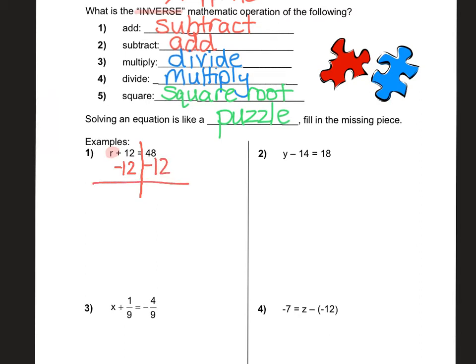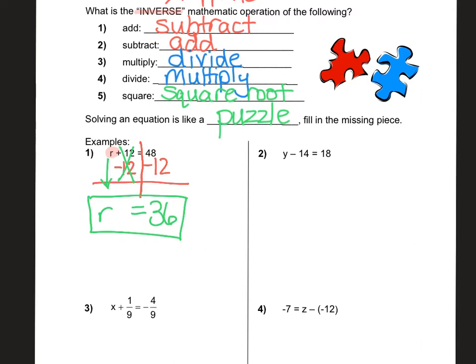So I like to show how this works, how this cancels out. If you have a positive 12 and you subtract 12, you're left with nothing on that side. So we're going to bring down our r and our equal sign. So now on the right, we've got 48 minus 12, which is 36. So we have solved for the value of r. r is 36.